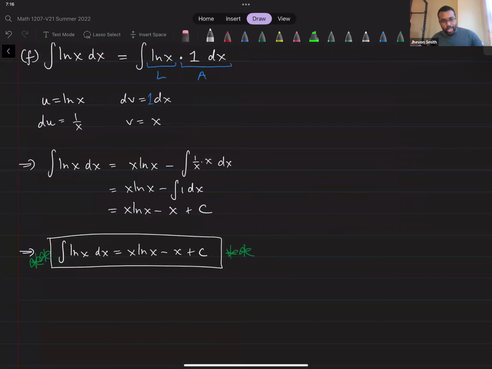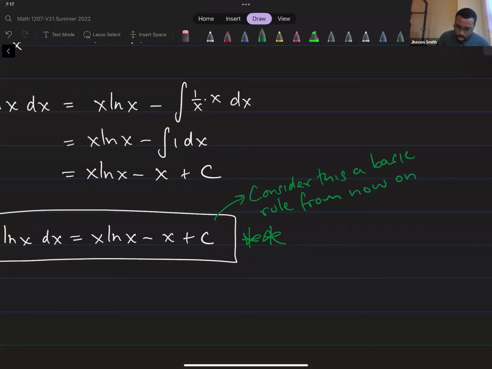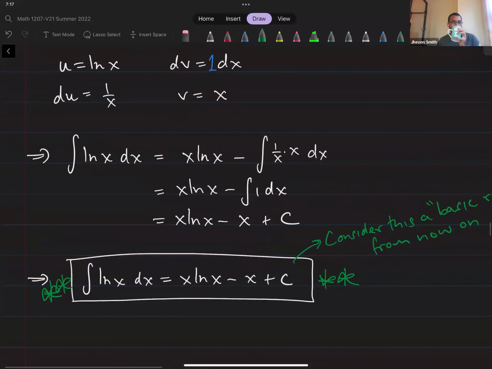From now on, we just know this is the integral of ln x, x ln x minus x plus c. It shows up often enough to actually know that. So yeah, that's how I integrate ln.